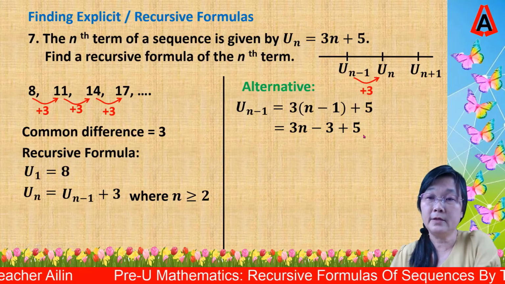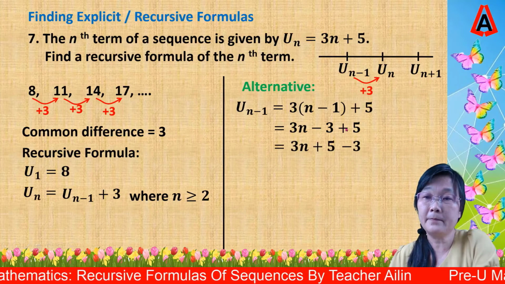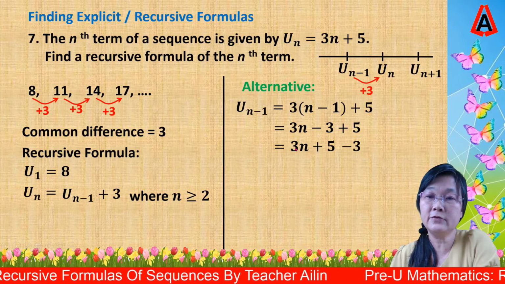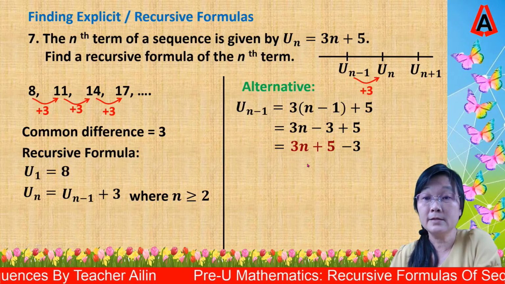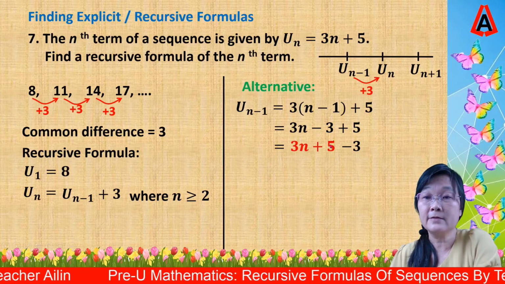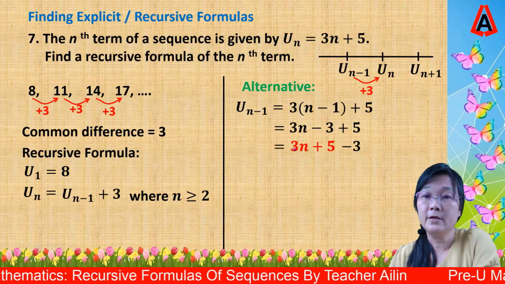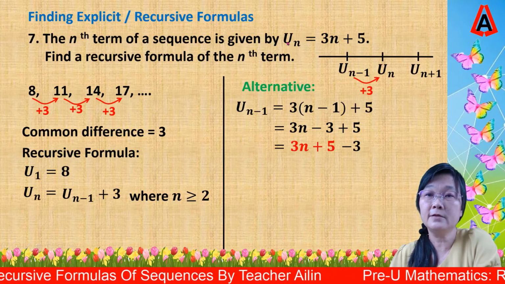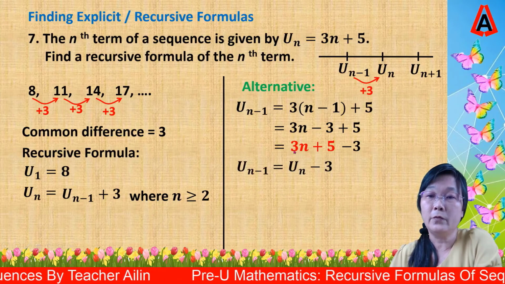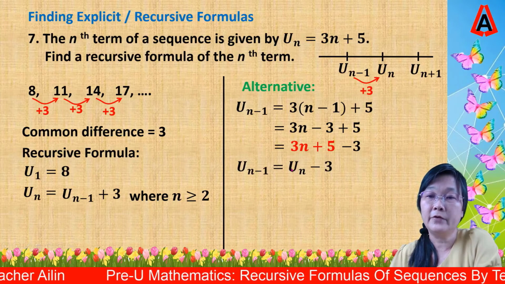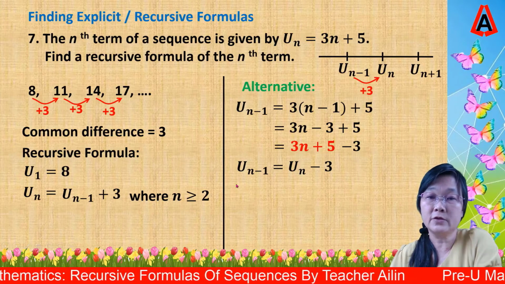What you should do is rearrange the equation so that you can see 3n plus 5. Why? Because 3n plus 5, compared with the explicit formula just now, can be replaced with un. So when 3n plus 5 is replaced with un, we get this equation.